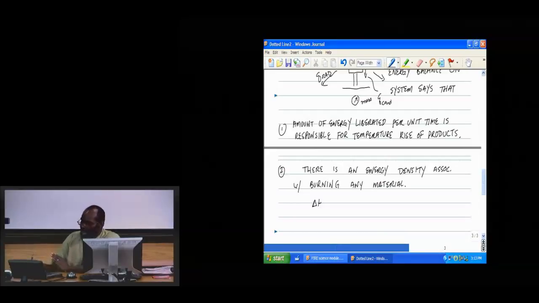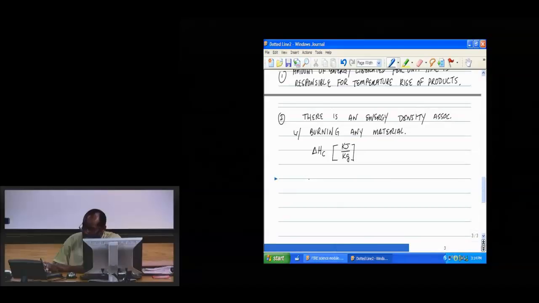If I know how the mass of a material is changing with respect to time in the burning process, because a load cell records a change in mass with respect to time of some burning material, this is called the mass burning rate.